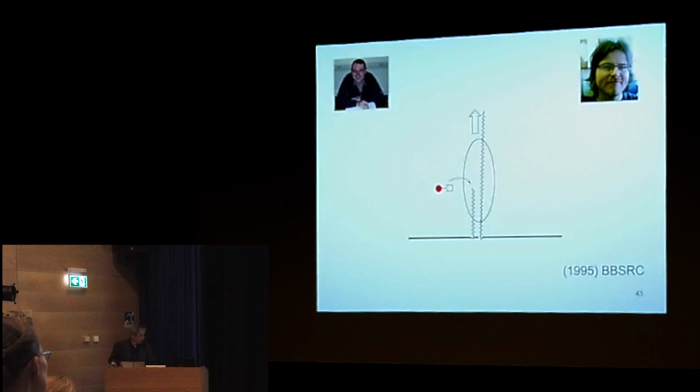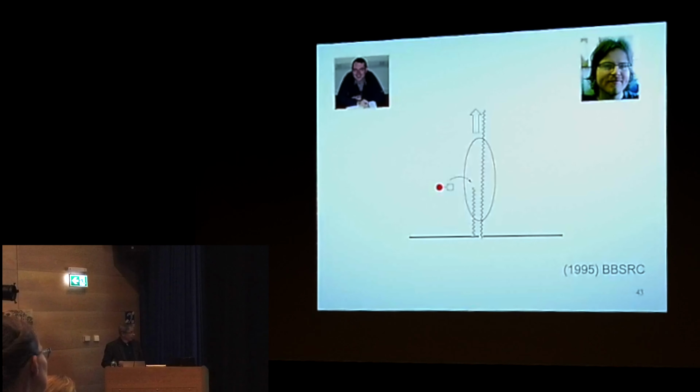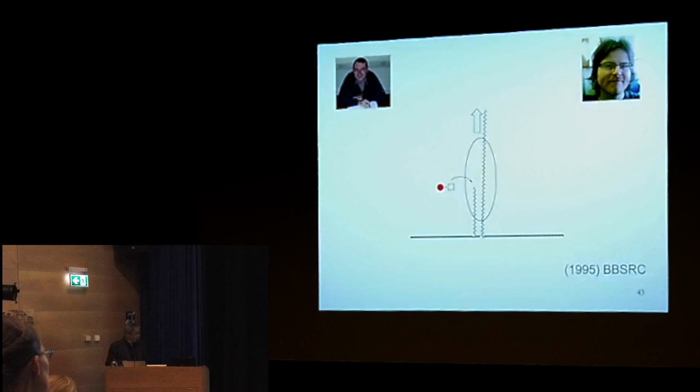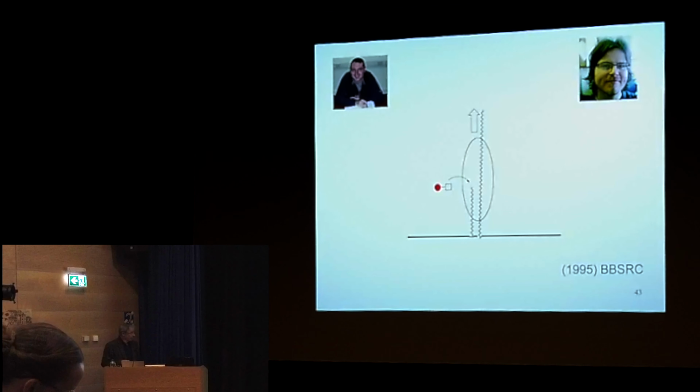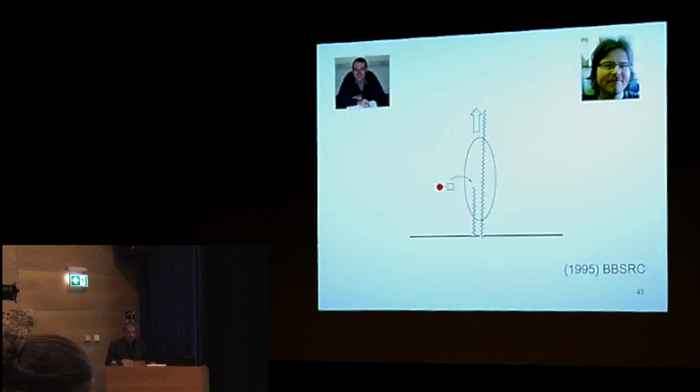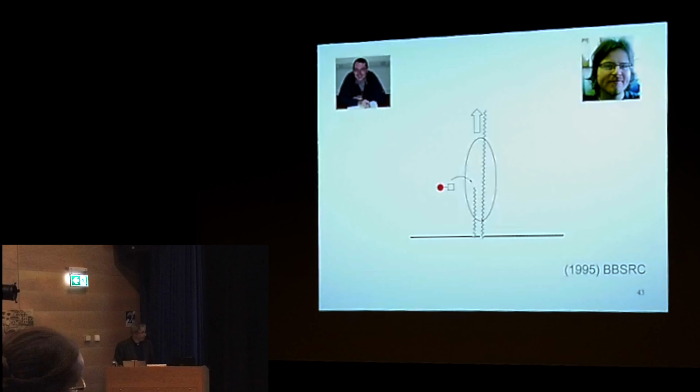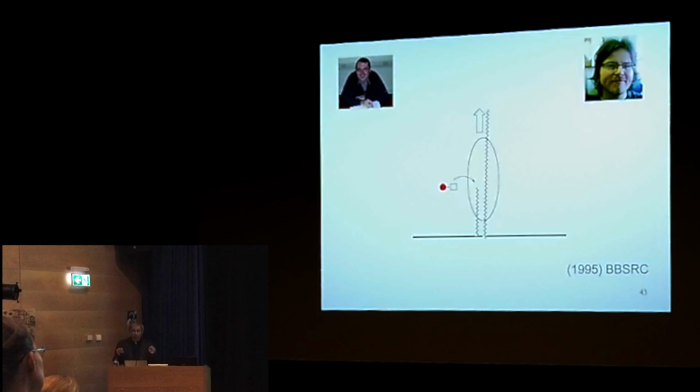And so in 1995, Shankar and I came up with a grant proposal to the BBSRC to do an experiment that we never actually got to work, which was to have a template primer of DNA, and we were going to have a polymerase, which is the enzyme that adds the nucleotides, and it was going to be fluorescently labeled, and we'll have a fluorophore attached to this template primer. And when we excited a fluorophore on the polymerase, if it was close, it could transfer its excitation to the fluorophore on the DNA, and that depended on their distance apart.